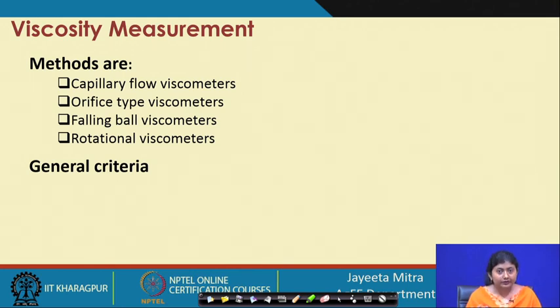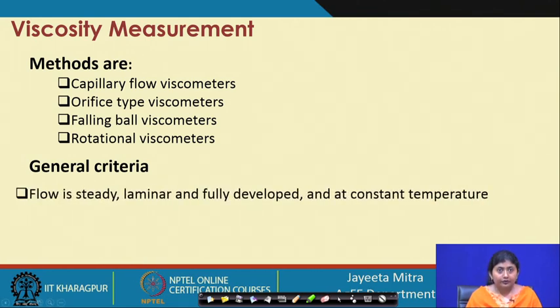So, while measuring viscosity, we want to nullify the effect of those variations, so that the exact behavior of the fluid can be understood. So, flow should be steady. That means we want to make the velocity constant. Steady flow is desirable for measuring viscosity.